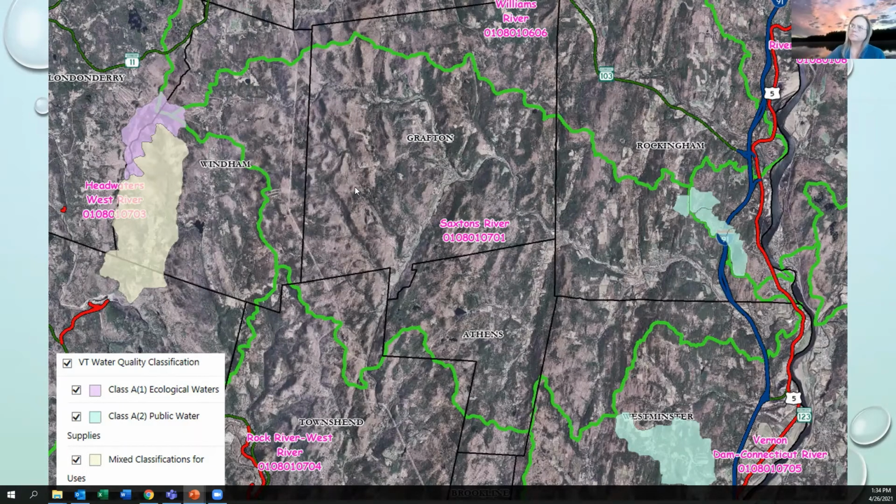Correct. I think Bill was asking just for clarification that that pink area is currently classified as A1. Yes, this is A1 because it's above 2,500 feet, and this is A1 because of a public petition to protect Cobb Brook. Thank you.